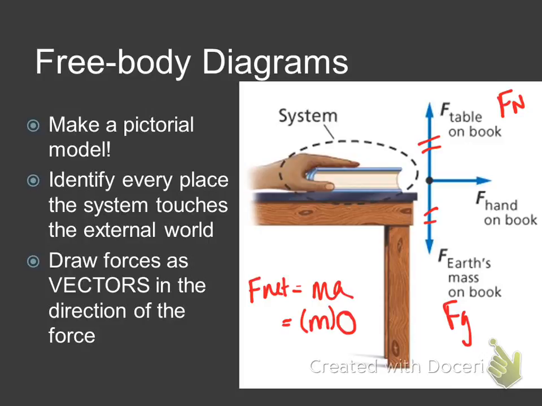So mass times 0 would always give us a net force equal to 0. Okay? So since my object is at rest, or what else is it called if we have equal forces? Equilibrium, right? If I'm at equilibrium, my net force is also 0. That means my upward equal my downward, or my rightward equal my leftward. Okay, are we on the same page so far?